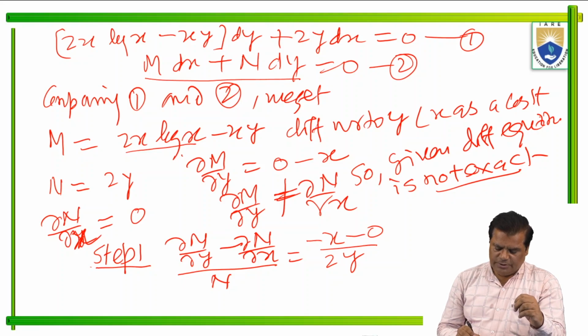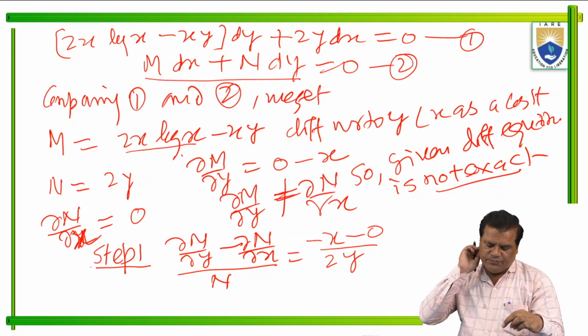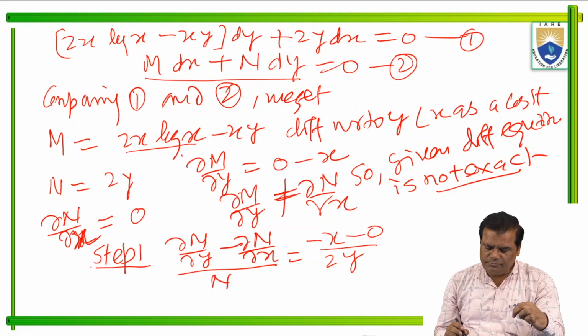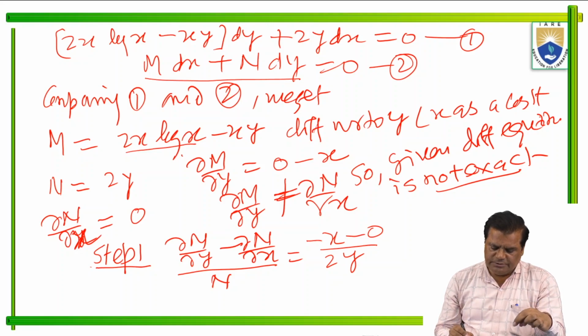Here it is minus x upon y, but here y is coming. Del m over del y equals minus x, and del n over del x equals 0.